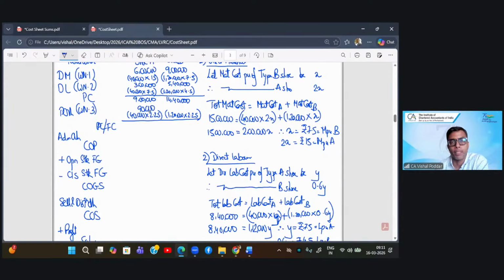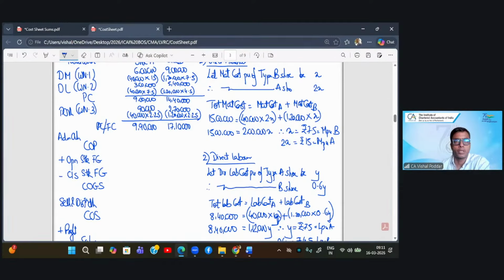Correct? And then 12 2s are 24, so 240. 240 and 1/4 is 50. 270. Right, students? So this is 990 and this is 1710. Correct?